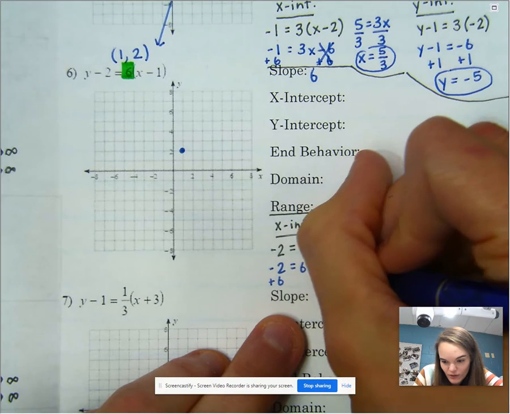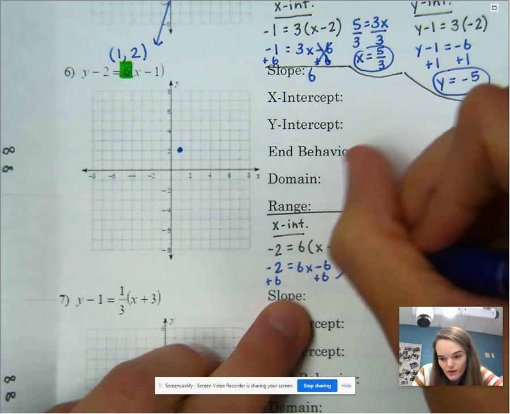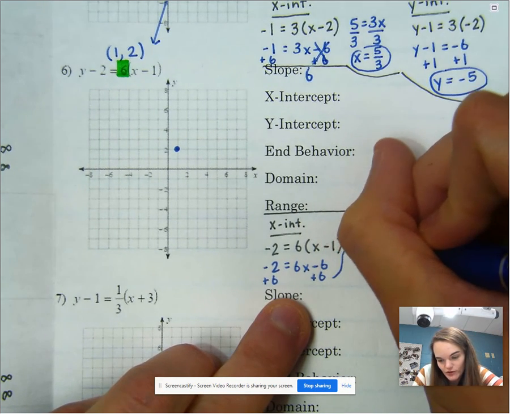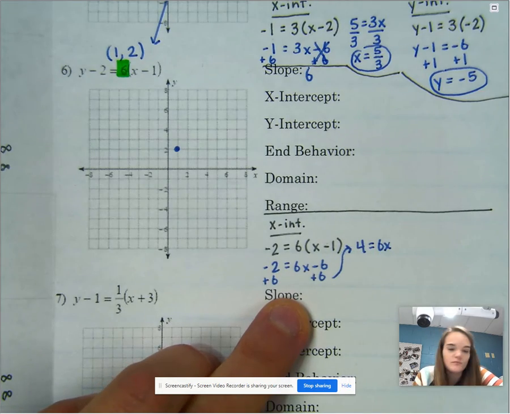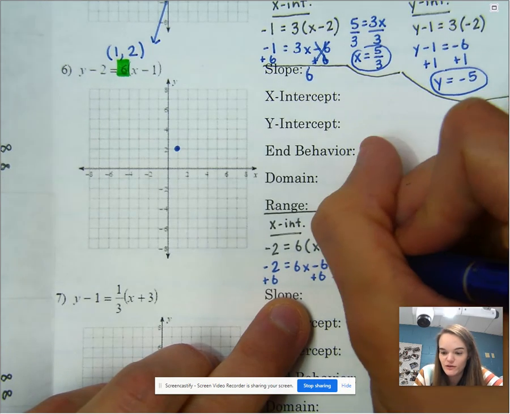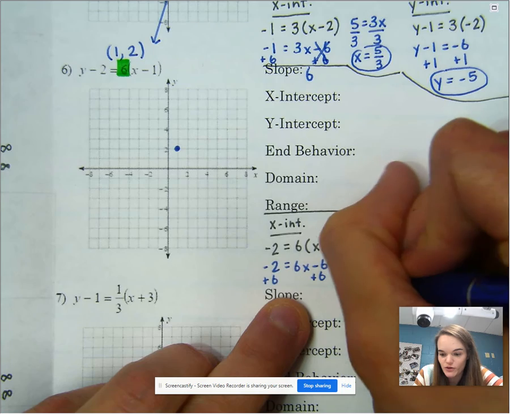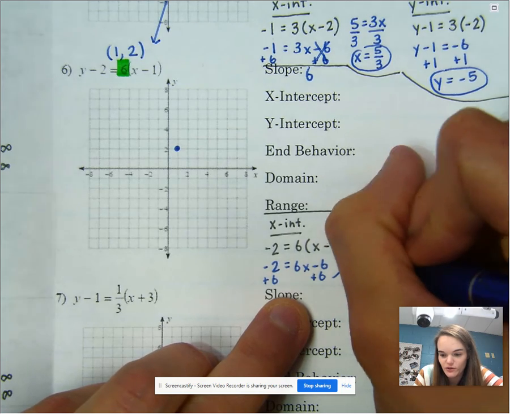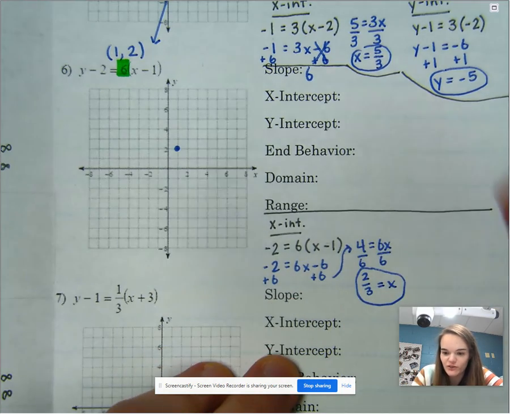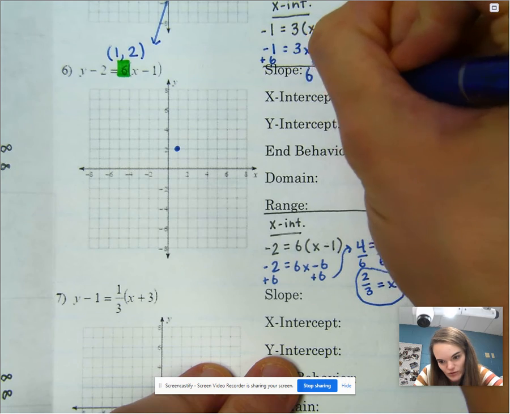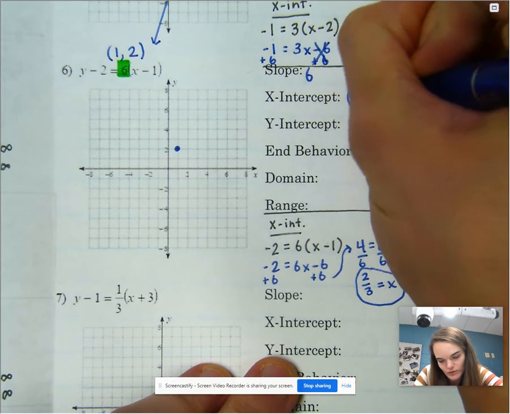I have to write it right over here. 4 equals 6x. Divide by 6. 2/3 equals x. So again, I'm probably not going to want to graph that x-intercept, but it is 2/3, 0.